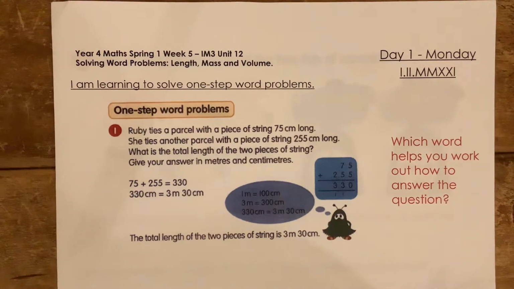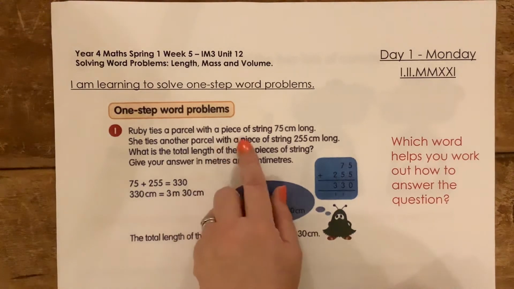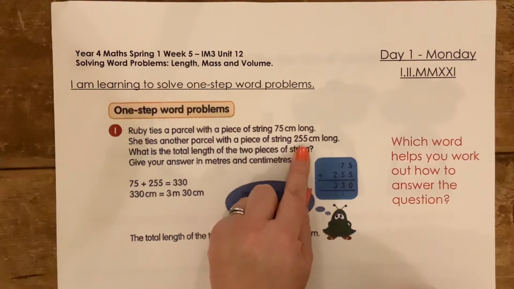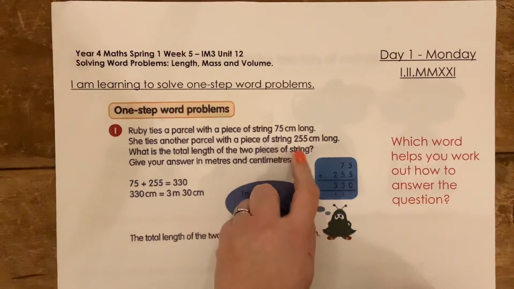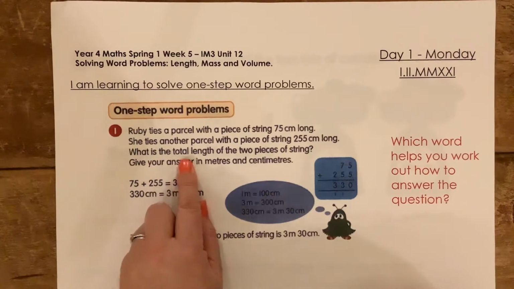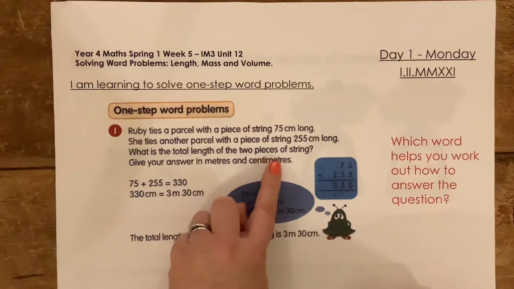So the key when we're looking at word problems is to find some words within that problem that will help you work out how to answer the question. So first of all, we know that we have a piece of string that's 75 centimetres long and another piece of string that's 255 centimetres long. So what are we being asked about these pieces of string? We're being asked what is the total length of the two pieces of string.